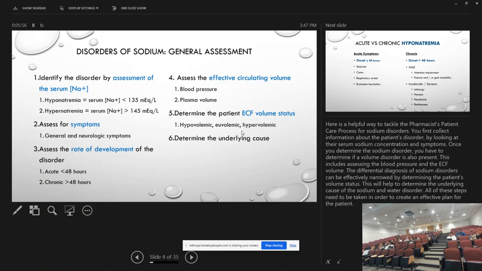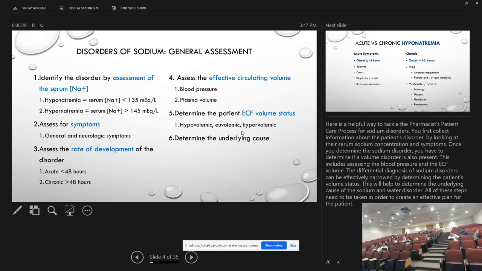Then you want to treat the patient more rapidly. So use that as a rule of thumb on how aggressively you're changing the sodium level, whether it's hypernatremia or hyponatremia. If you can identify the time period from normal to whatever the patient presents with, you use that as a rough guide.